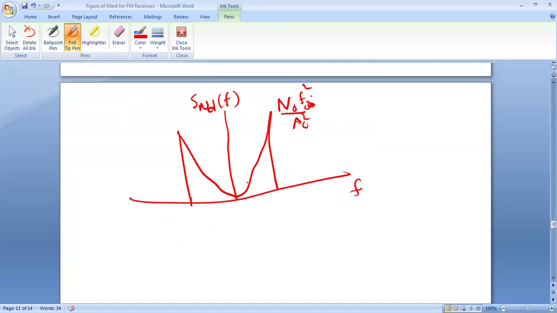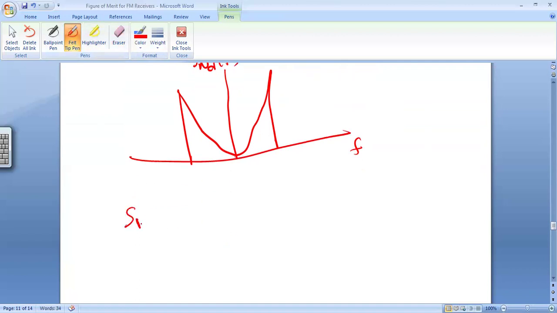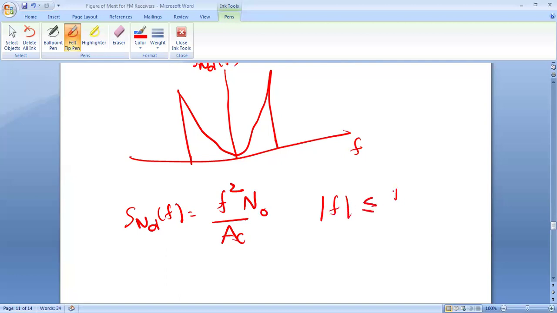This is the discriminator output, which can be mathematically represented like this. S_ND(f), the power spectral density of the discriminator output, equals f squared by A_C squared into N naught for frequencies mod of f less than or equal to BT by 2. This is BT by 2 positive, this is minus BT by 2. Otherwise, it is 0.